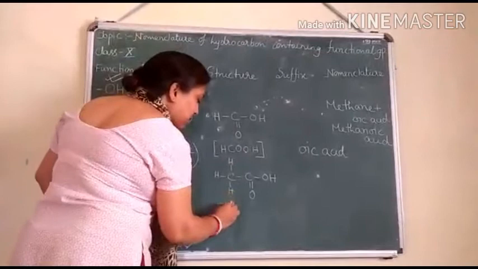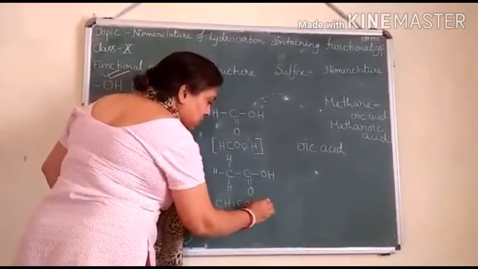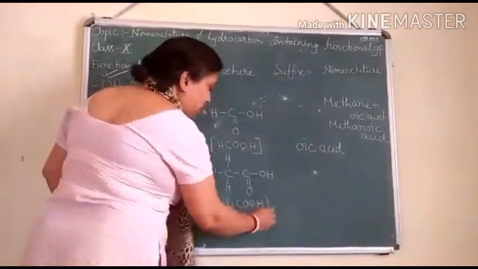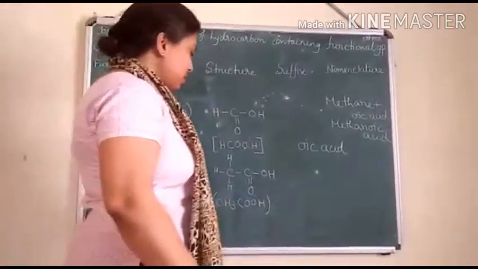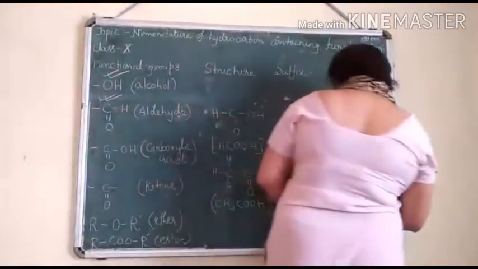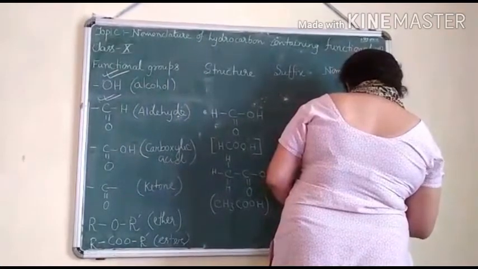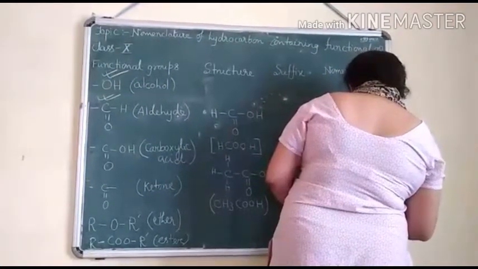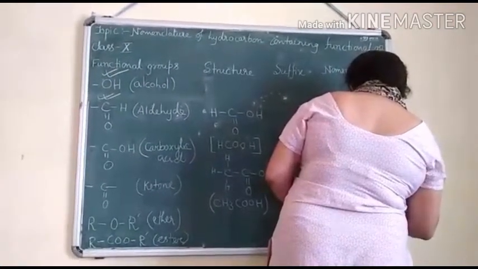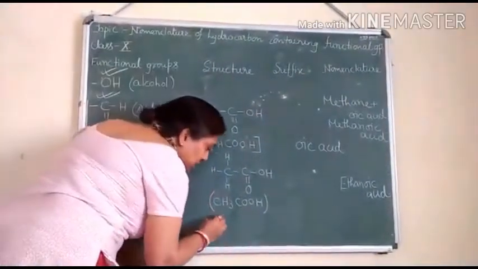So the formula will be CH3COOH. This is the formula for 2 carbon. So what will be the name? Ethanoic acid. Ethane plus oic acid. So it is ethanoic acid.